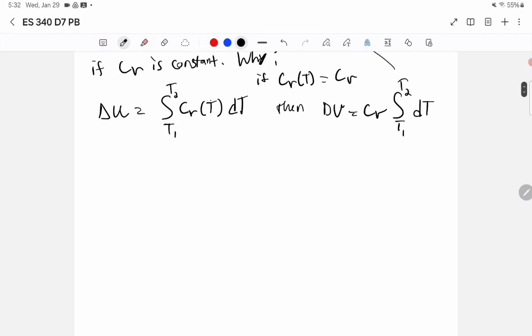It's the same idea if Cp is constant, same exact idea.